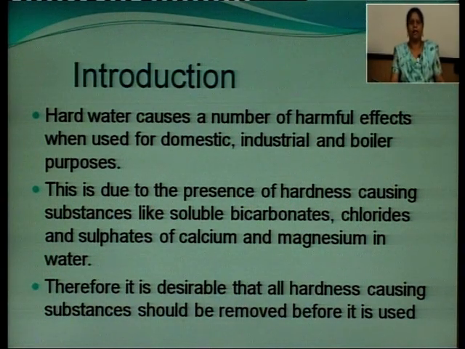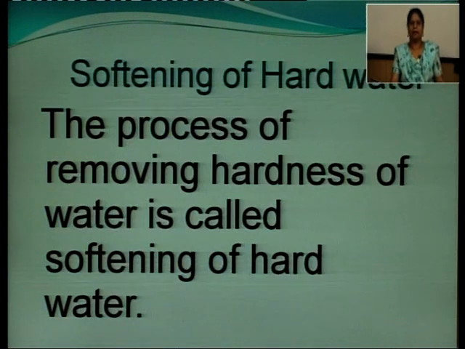We all know that hardness of water is due to the presence of substances like soluble bicarbonates, chlorides and sulfates of calcium and magnesium in water. So, before using water, we have to remove all hardness causing substances from it. This process of removing hardness of water is called softening of hard water.